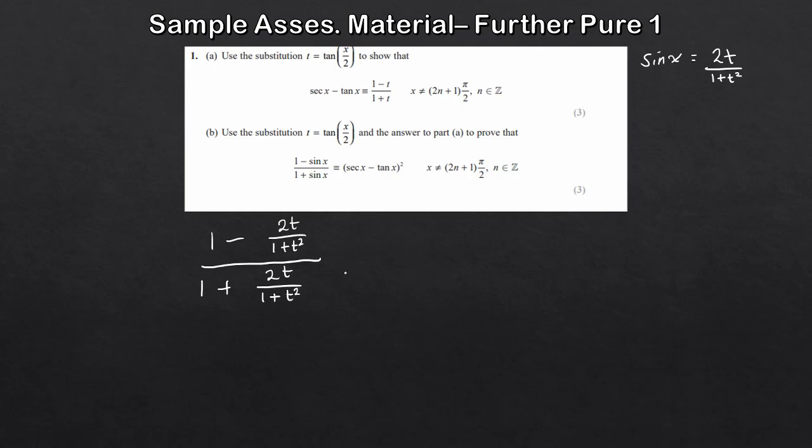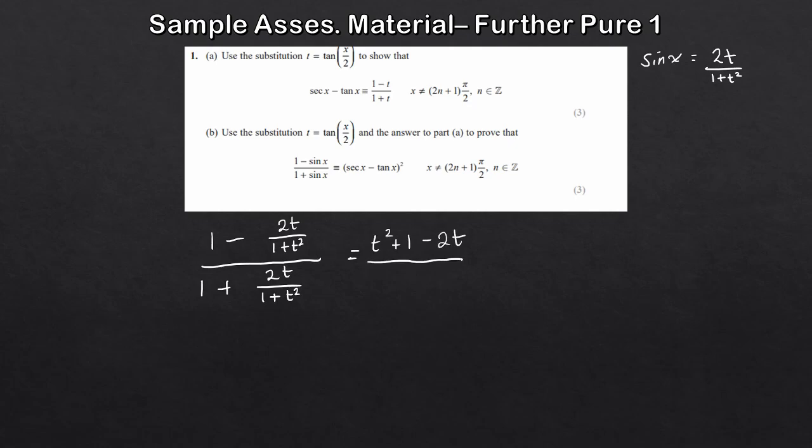So it's easier than it looks, and the way to do that is just to times both the numerator and the denominator by 1 plus t squared. If we do that, what would I get? Well, this one here will be 1 times 1 plus t squared, so I just get 1 plus t squared, and minus 2t. Same with the denominator, we just add 2t. So that actually just looks like this: t squared plus 1 minus 2t.